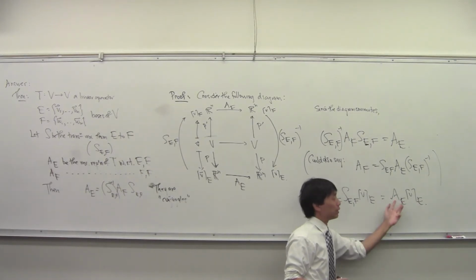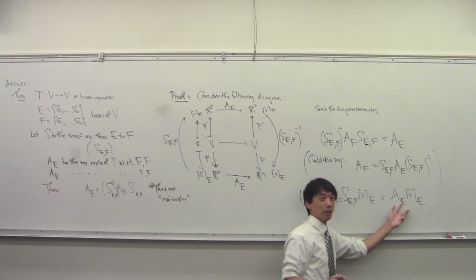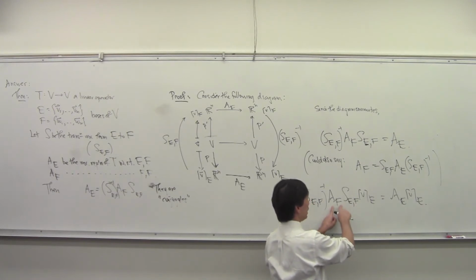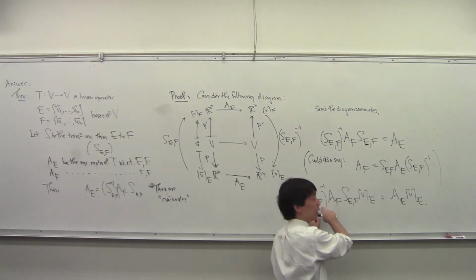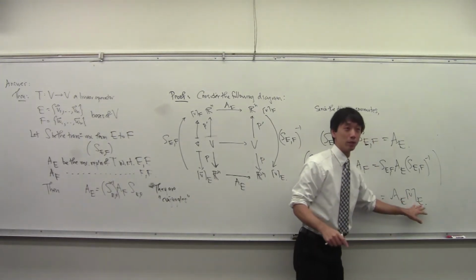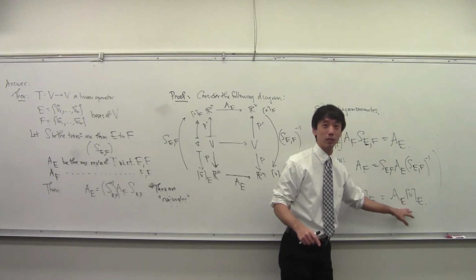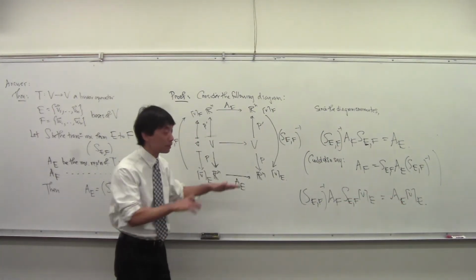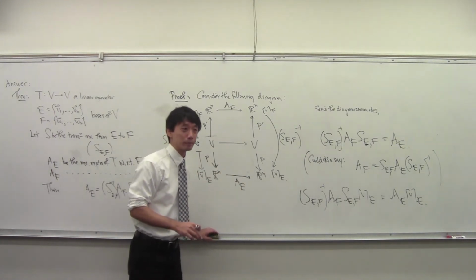Right, so here you take your guy, you translate it to the F coordinate system, hit it with the transformation, and then switch it back to the E coordinate system. That's the same thing as just staying in the E coordinate system and hitting it with the transformation. Okay, so I don't know if that's helpful, but that's actually really what's going on.